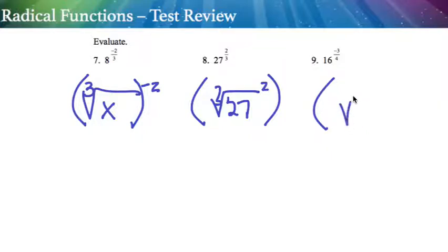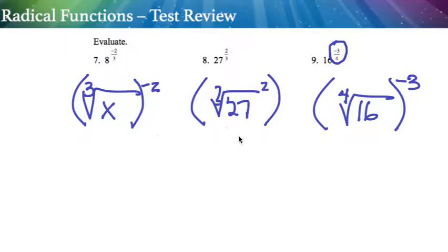So for each one, my thought process is the bottom number is the root, the top number of this fraction is the exponent, okay? So I put the 3 in the root, the 3 in the root, and the 4 in the root.